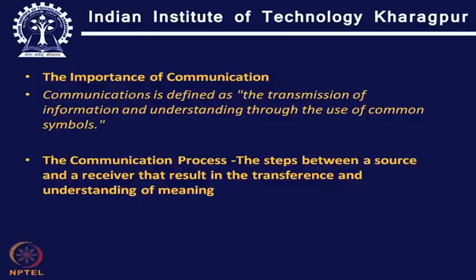This whole gamut is called the communication process, and there are important issues related to each of these steps. What we will see now in detail is the communication process, what the different issues related to each of these steps could be, and how to take care of those issues.